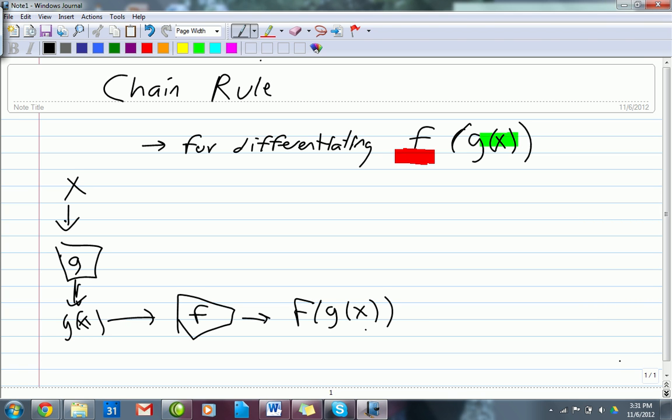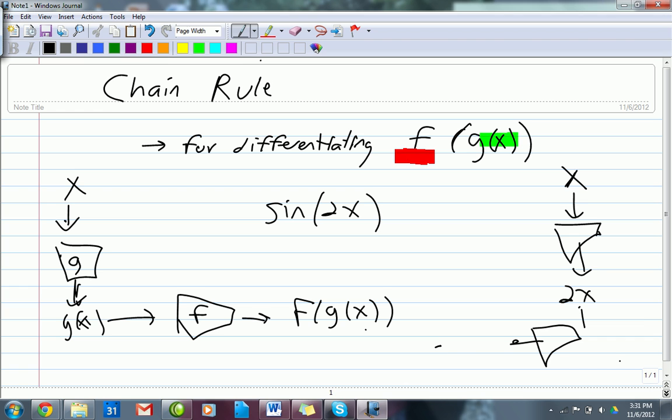Here's an example. If I look at the sine of 2x, what happens is x is going to begin by going first through the doubling function. So this is the g, the 2 of x, and out comes 2x. Then the 2x goes into the sine function, and out comes sine of 2x.